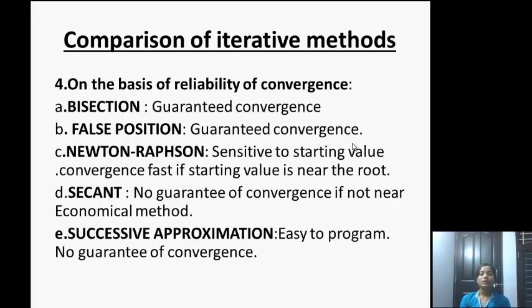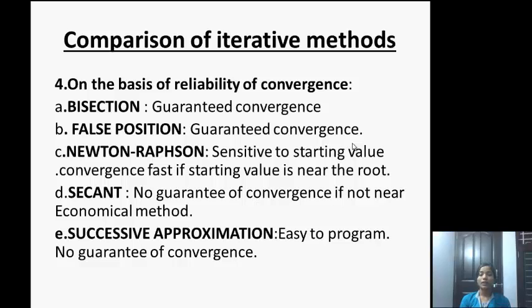Now the fourth point is on the basis of reliability of convergence. First, bisection has guaranteed convergence. False position also has guaranteed convergence to the root. Third is Newton-Raphson, which is sensitive to the starting value. Convergence is fast if the starting value is near the root.